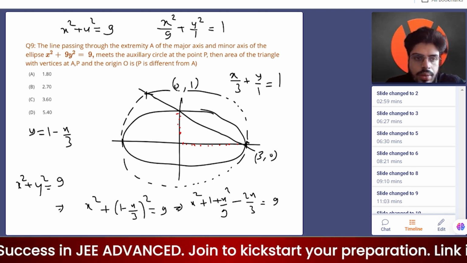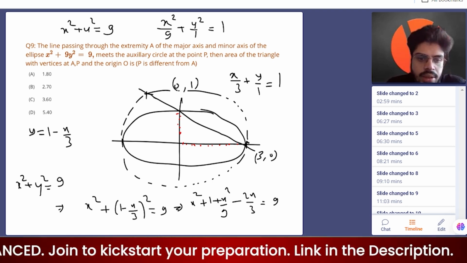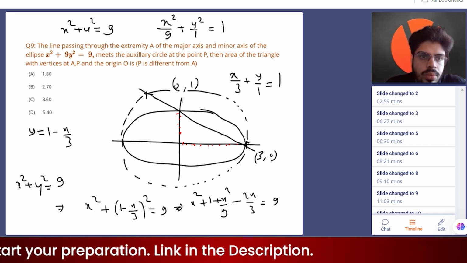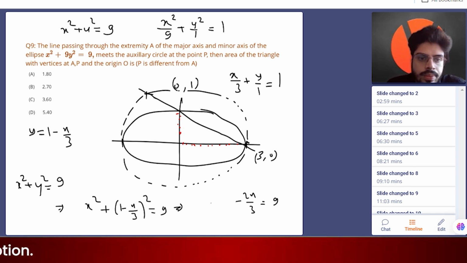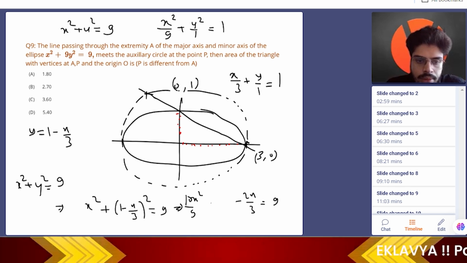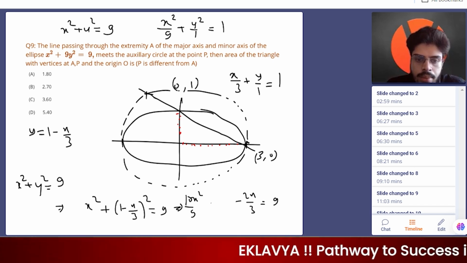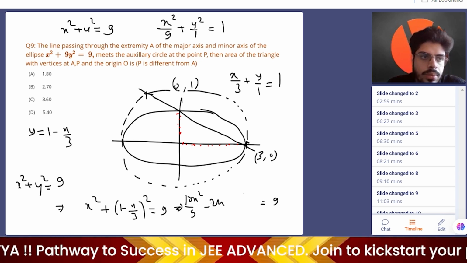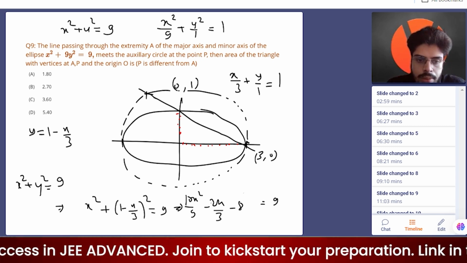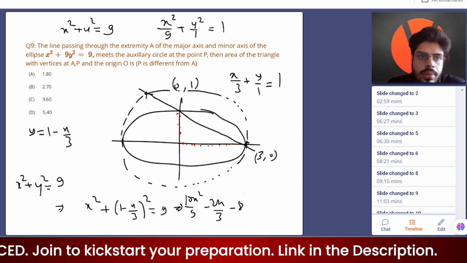Okay. So let me solve this quadratic. This will be 10x square by 9 minus 2x by 3 plus 1 minus 9, so minus 8, equal to 0.